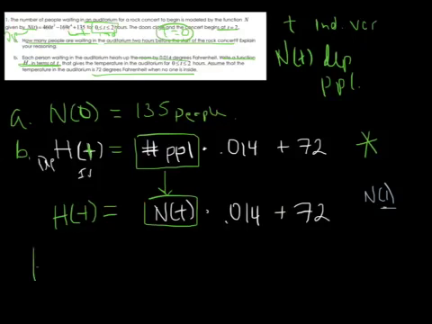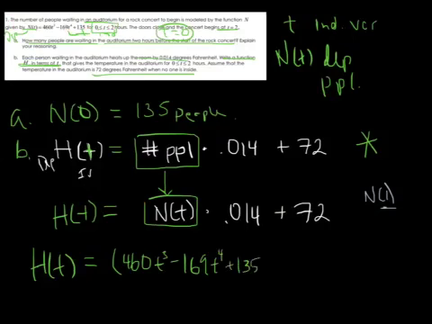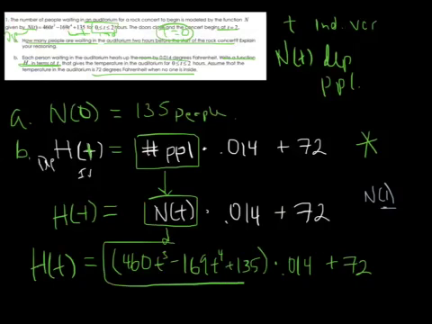Hopefully you wrote your new function, h of t, as 460t cubed minus 169t to the fourth plus 135, all times 0.014, plus 72. Remembering, of course, that the number of people is simply given by our expression from our first equation, n of t.